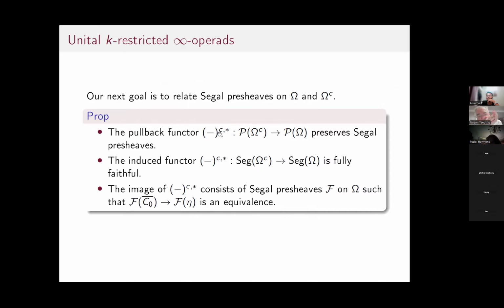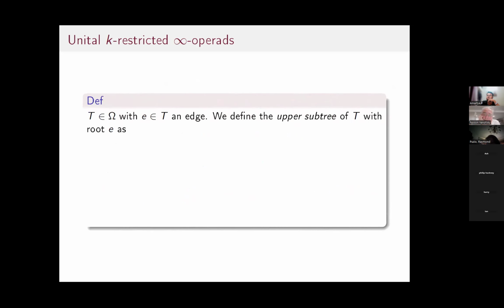And the image of this functor consists of Segal presheaves on sigma, so this is an equivalence. This is essential. We'll see a criterion that we actually use for the Segal condition and the proofs.